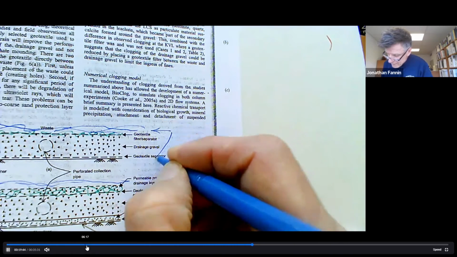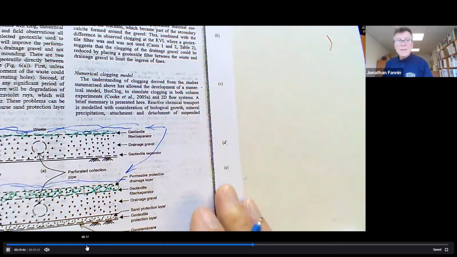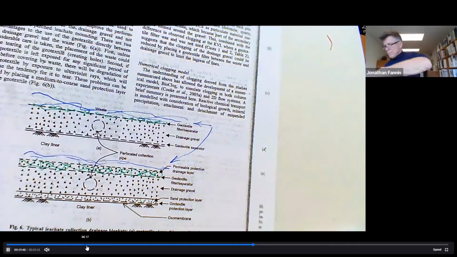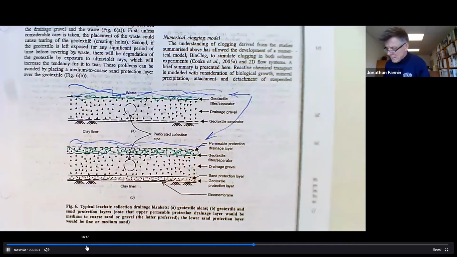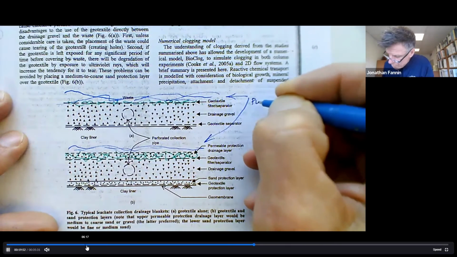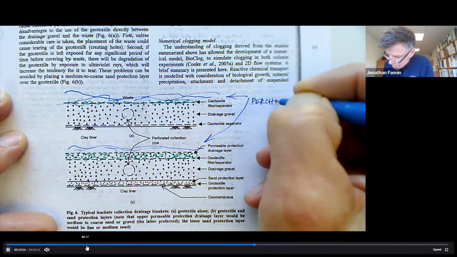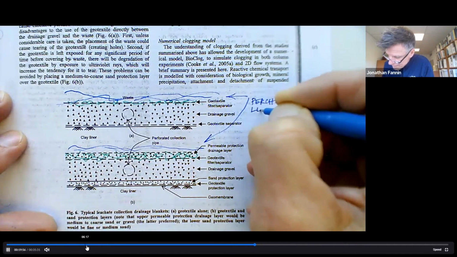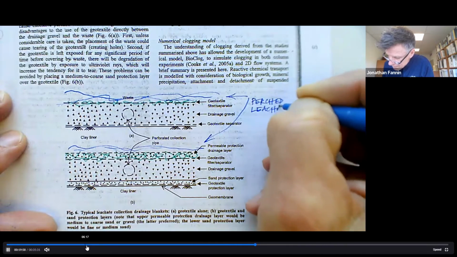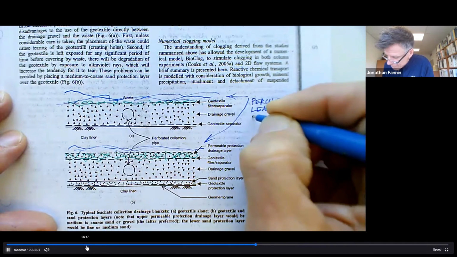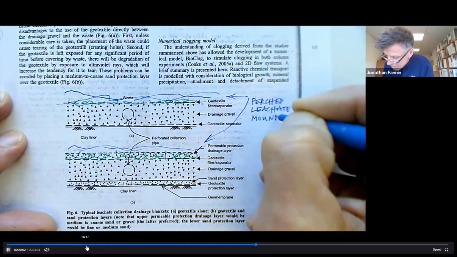Let's label this as, it's not a perched water table, but it's a perched leachate. And let's call it mound, for want of a better word. It's a perched leachate mound.